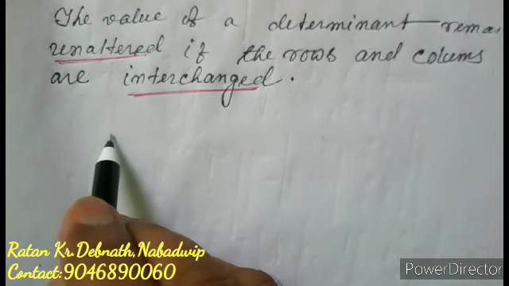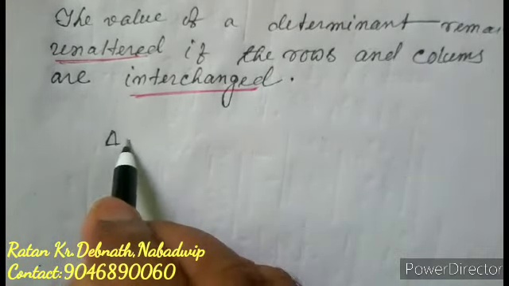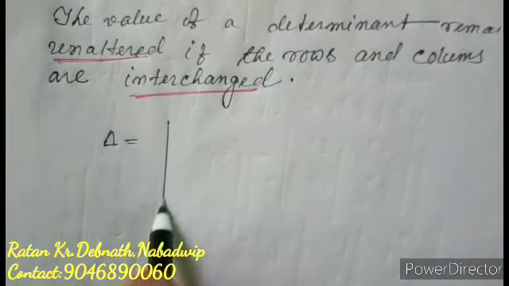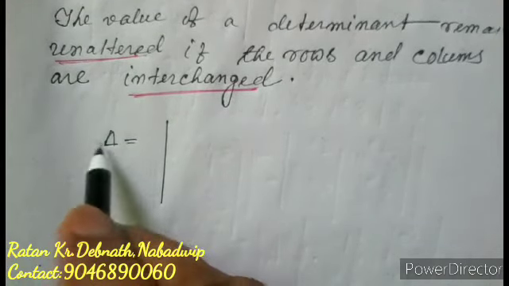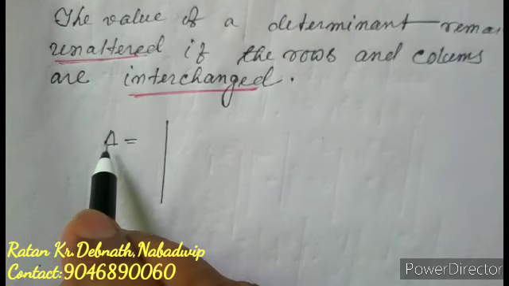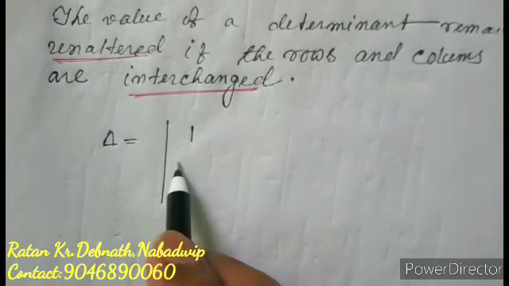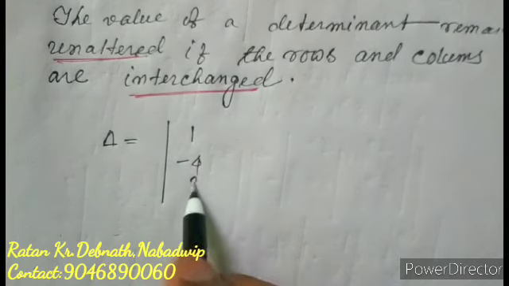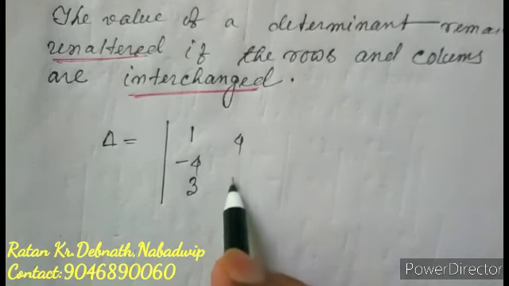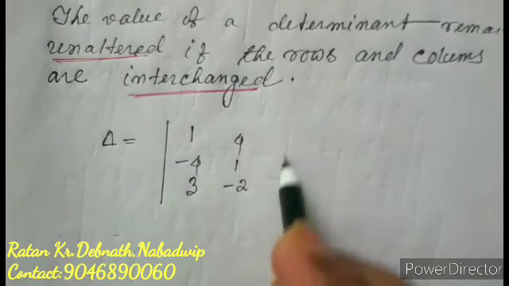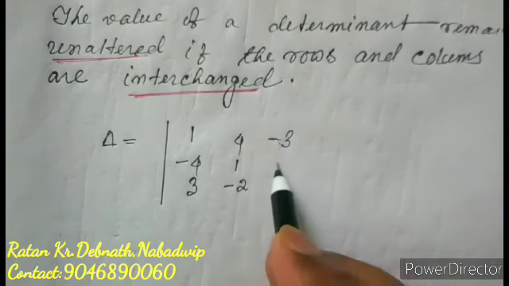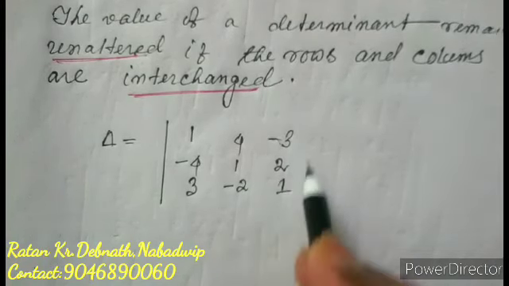Let the determinant, sometimes expressed by delta, that's why I have written like this, be 1 minus 4 3, 4 1 minus 2, minus 3 2 1.